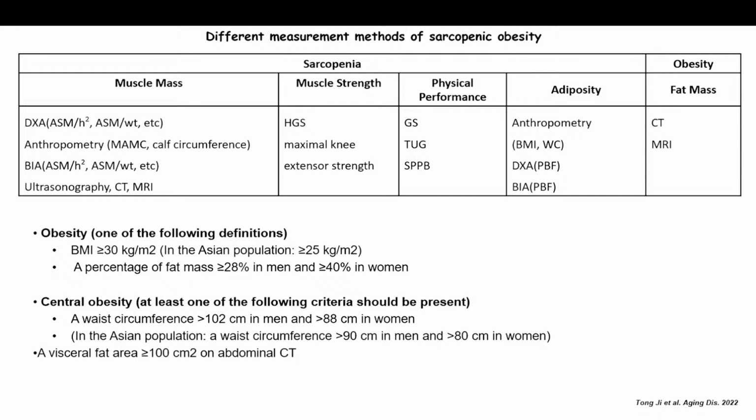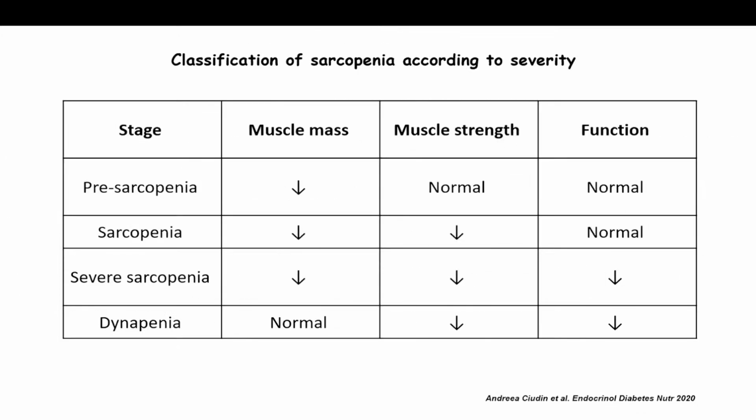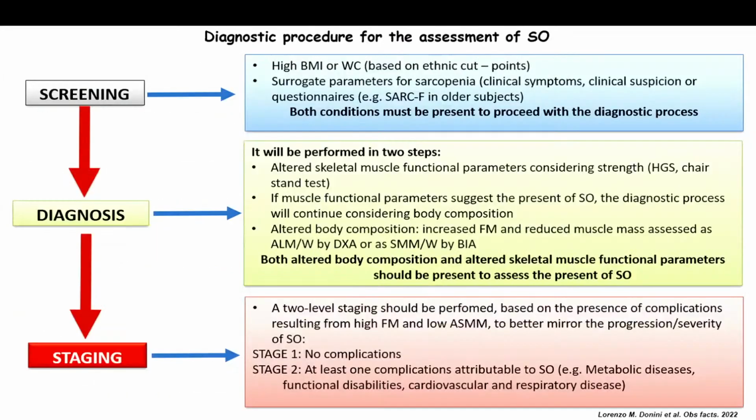And for central obesity, waist circumference is more than 102 centimeters in men and 88 centimeters in women. In Asian population, a circumference of more than 90 in men and more than 80 in women. These are cutoffs for sarcopenia. I'll skip. And this is again severity of sarcopenia. I can skip, and assessment also.